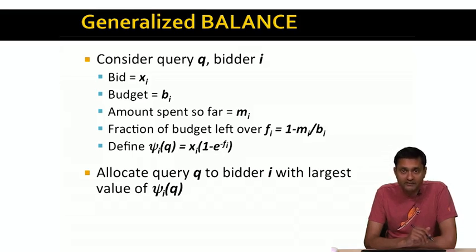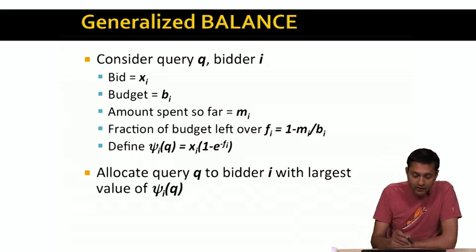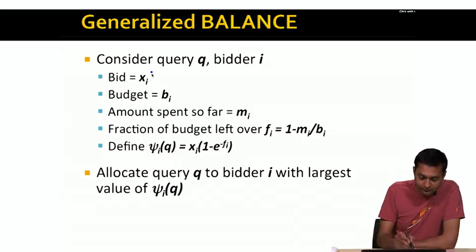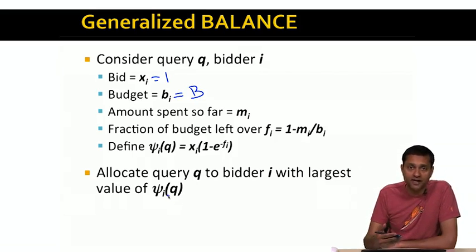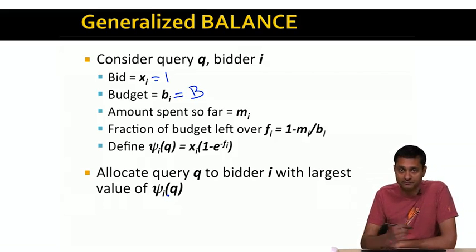Now, I leave it as an exercise for you to show to yourself that in the case where all the bids are equal, all the Xi's are equal to 1, and all the budgets Bi are equal to a single budget B, allocating queries using generalized balance with the largest value of psi i of Q is equivalent to allocating queries to the advertiser with the largest unspent balance.